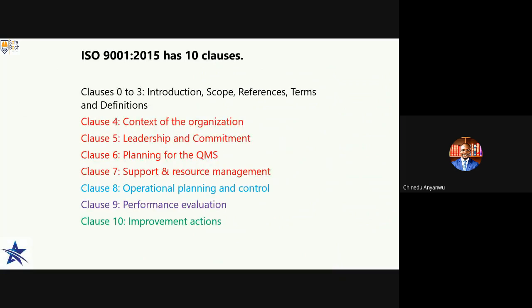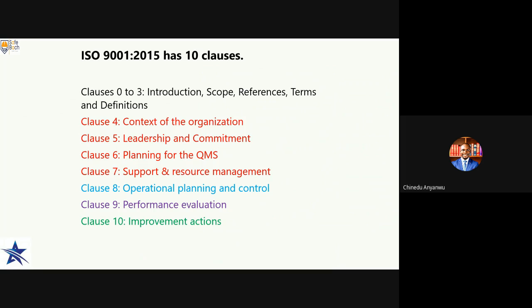For those of us who are already aware, you know that ISO 9001 2015 has 10 clauses. Clauses 0 to 3 are not auditable clauses, but clauses 4 to 10 are auditable clauses, and these clauses are requirements for the management system. So when you look at clause 4 down to clause 10, these are compulsory requirements that organizations have to meet for them to be certified to ISO 9001 2015 quality management system.